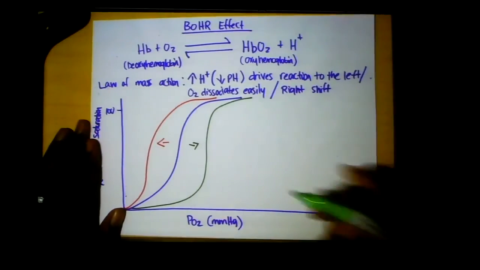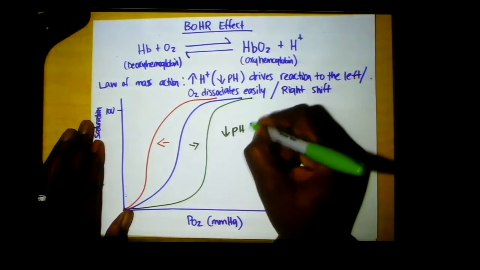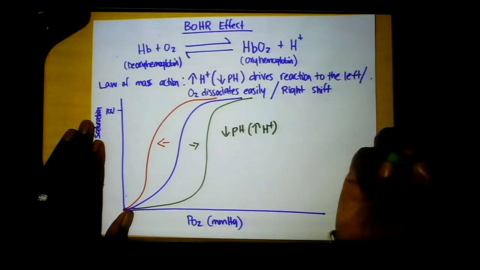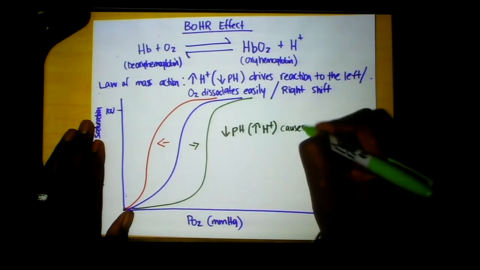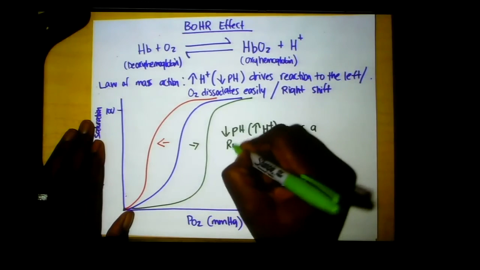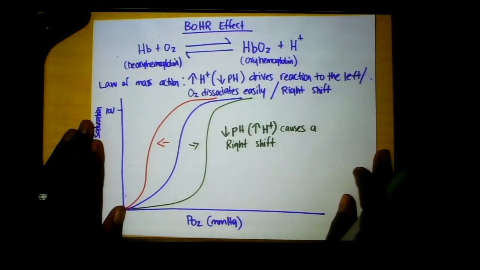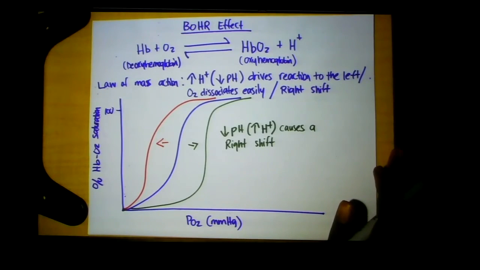Okay, so what we're saying here is that at decreased pH or more acid, remember protons are acidic, so this is what I'm calling acid, these protons. This causes a right shift. And if we're thinking about the overall picture, like I mentioned earlier, this is again increase in metabolic activity.